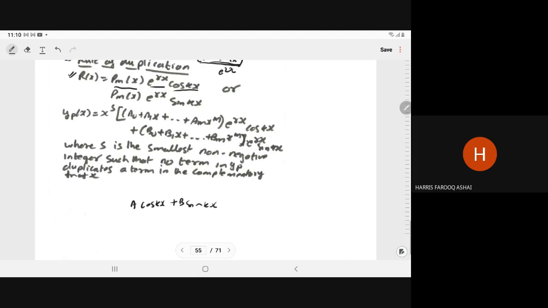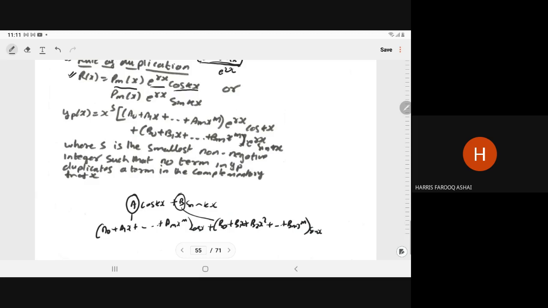Now, if there is a multiple of the polynomial P_m(x) of order m, then in place of a and b, we take a0 plus a1x plus up to am x to the power m, and corresponding to b, we take b0 plus b1x plus b2x square up to bm x to the power m, into cos kx plus into sin kx.